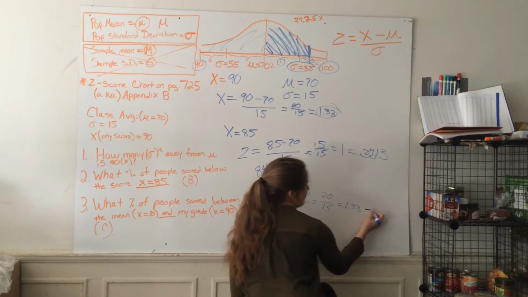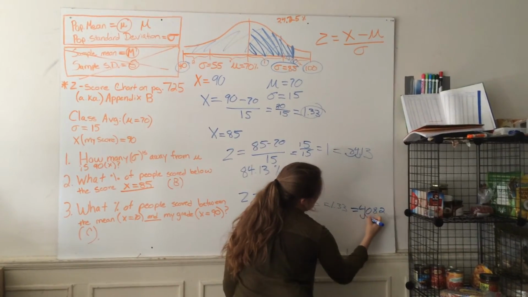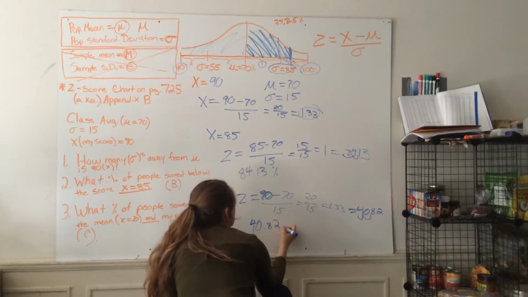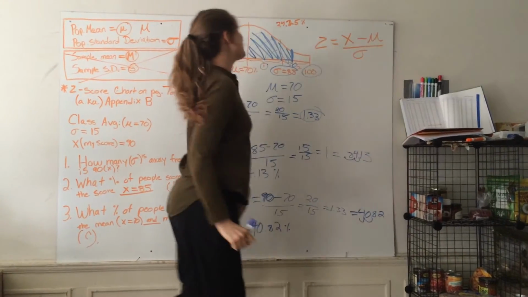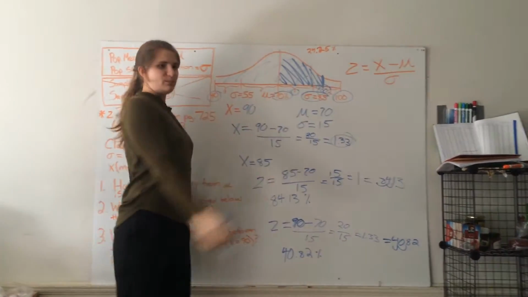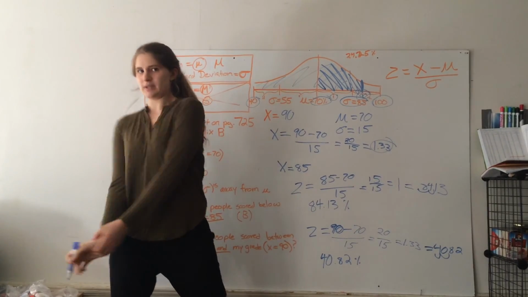When you get 4082, move it over 2 decimal places, you get 40.82% of the people fell between the mean score of 70 and 90. And that's pretty much the basic questions that you'll get asked related to z-scores. Thank you.